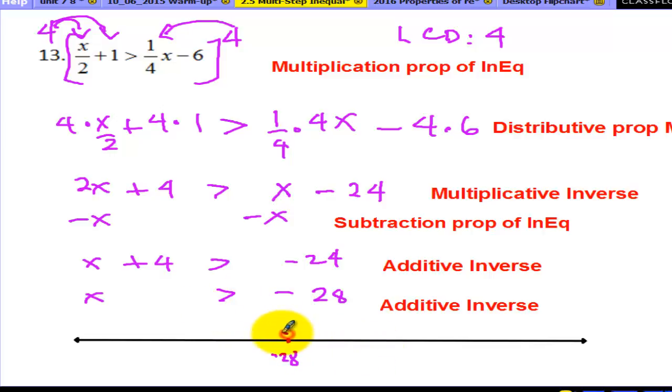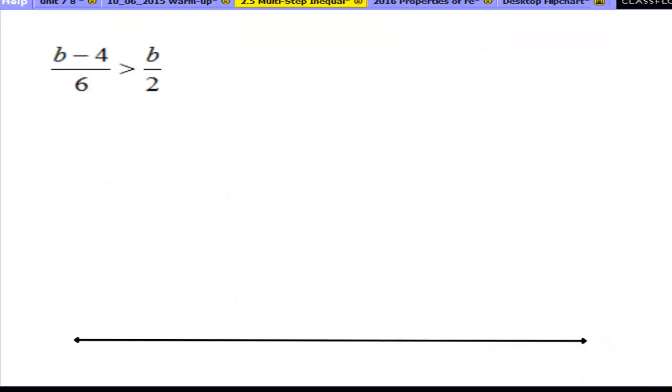There's no line under, so it should be an open circle. All numbers should be to the right of -28, and all of those numbers will be greater than -28. In a fancy way of writing this solution, it will be set notation x element of real numbers x is greater than -28.